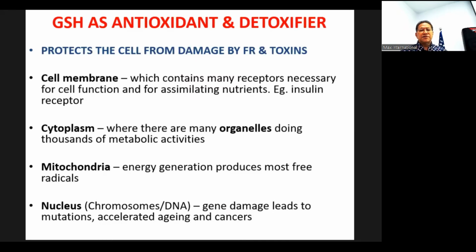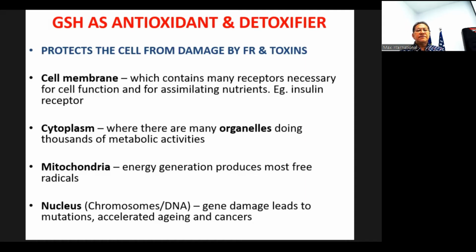And in fact, mitochondria is so important, it has its own DNA. And then, of course, the nucleus, which carries our chromosomes, and damage to the genes, which are part of the chromosome, leads to mutations, accelerated aging, and cancers. So all these structures need to be protected.